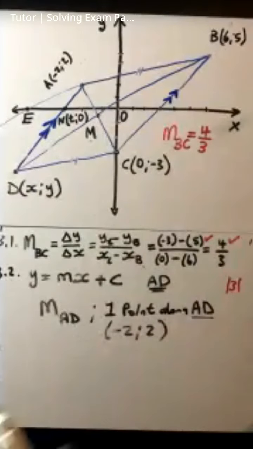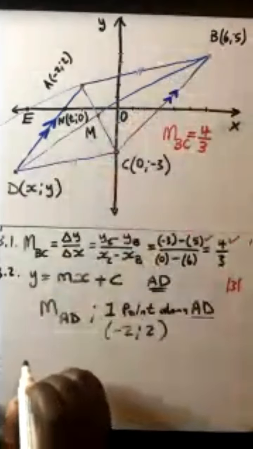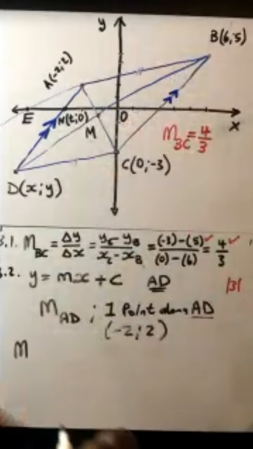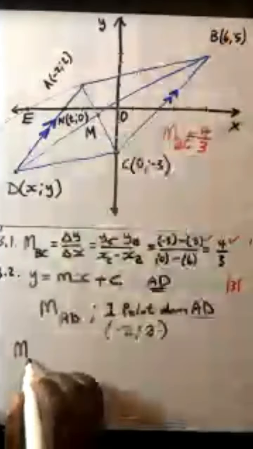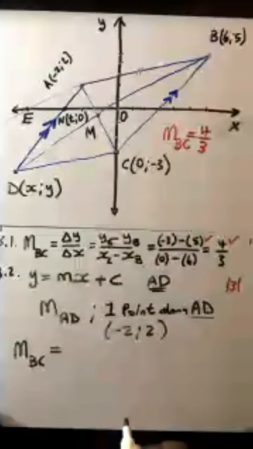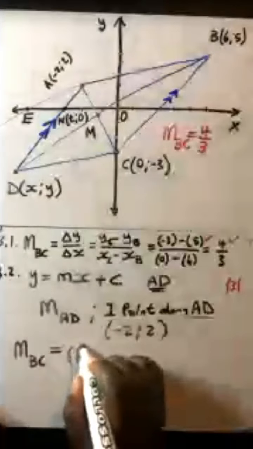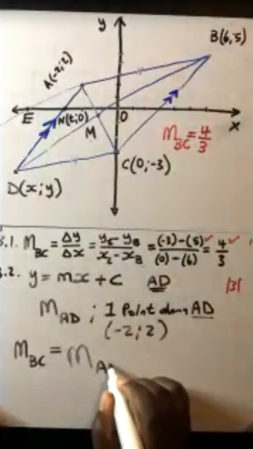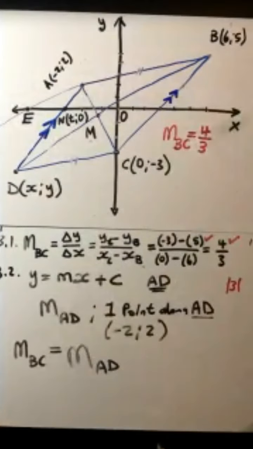So what does it mean if we've got lines which are parallel? It means, ladies and gentlemen, the gradient of BC is equals to the gradient of AD.